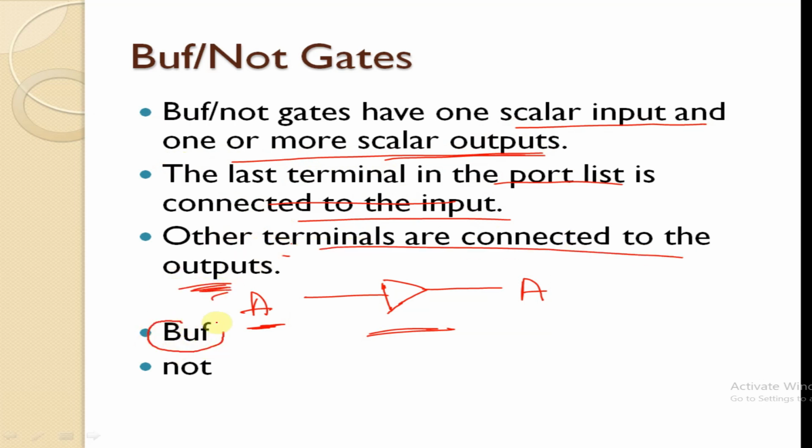The keyword for buffer is buf, and the keyword for NOT is NOT. The symbol for the NOT gate is this one. If we pass A, then the output will be A bar. So if we want to instantiate a buffer in our design, then we will use the keyword buf followed by instance name followed by the output and the input.